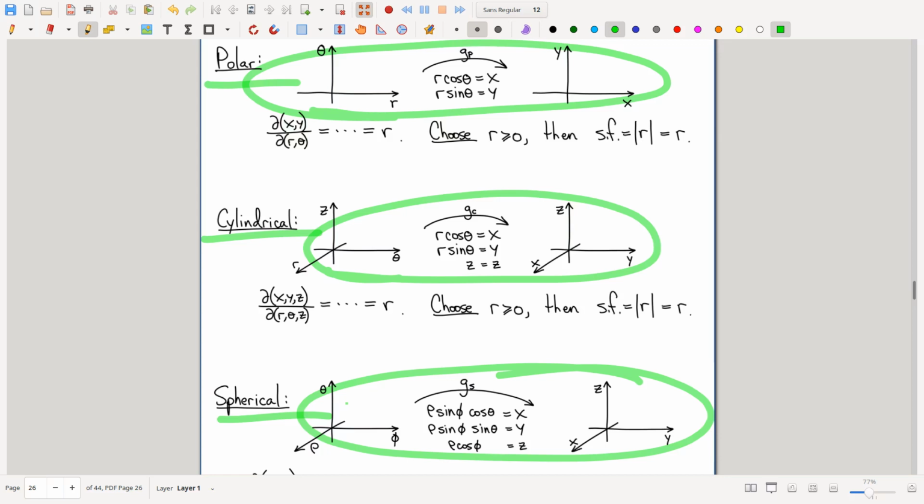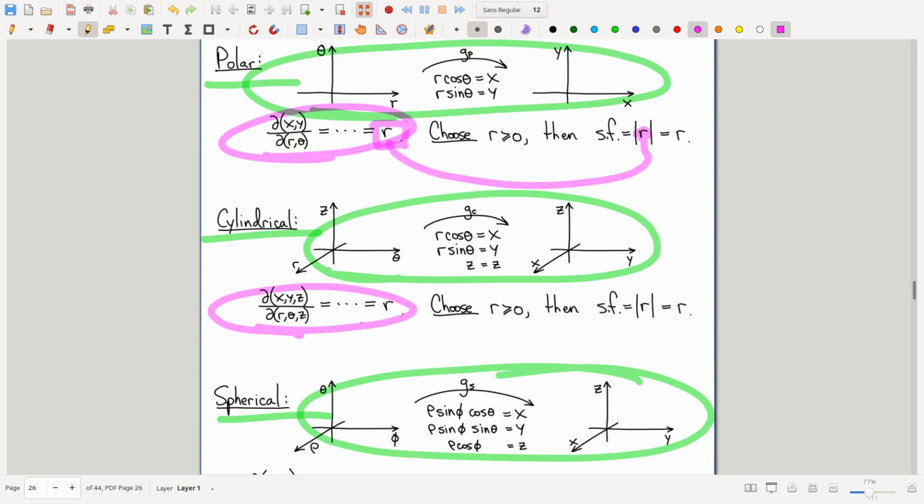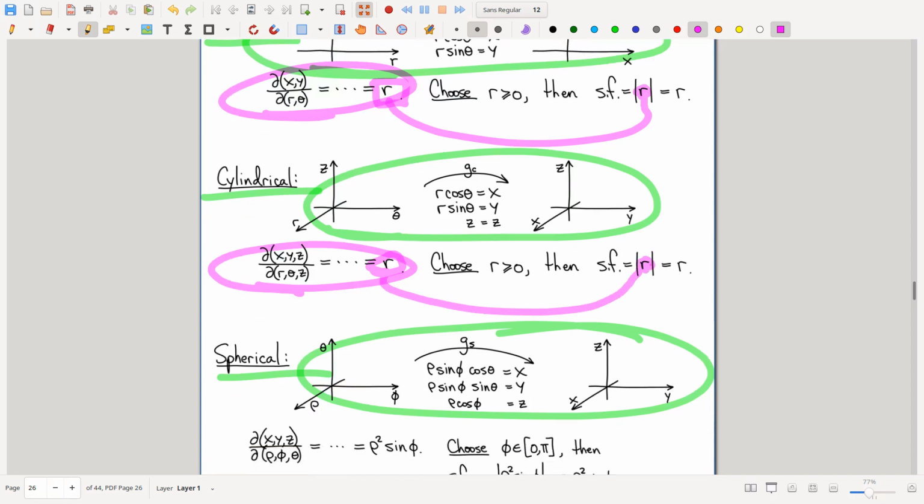So here we go. You can compute the Jacobian determinant here, and it is just R. And you can compute this Jacobian determinant here, and it is just R. And you can compute this Jacobian determinant here.